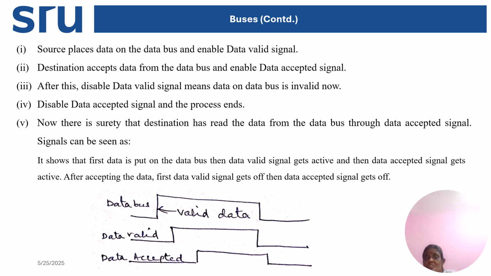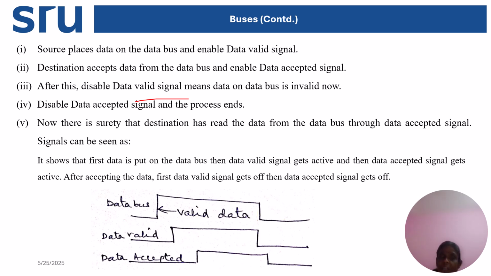After this, disable the data valid signal, meaning the data on the data bus is invalid. Now it is no longer effective for the destination to get it again and again. Next, disable the data accepted signal because acceptance is already over, so the signal has to come down.